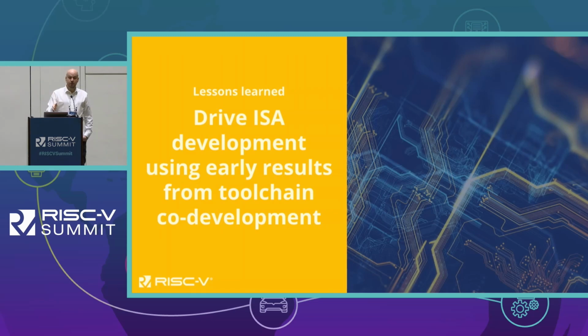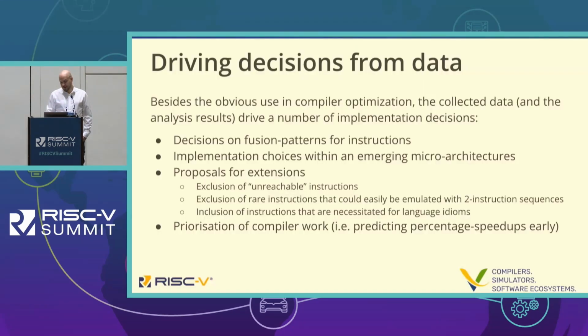What we need to do is get early results in from the toolchain co-development. That means every time an extension comes out, somebody needs to work on the tool chains so that they can gather data. It's been suspected for a while that we need to do that early, and that needs to be part of our process, because it even went into our definition of done.